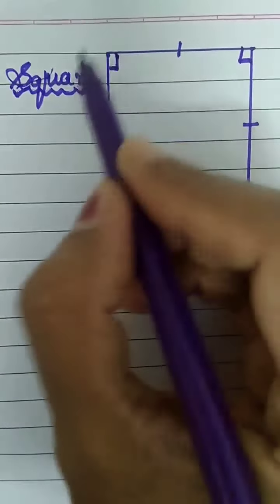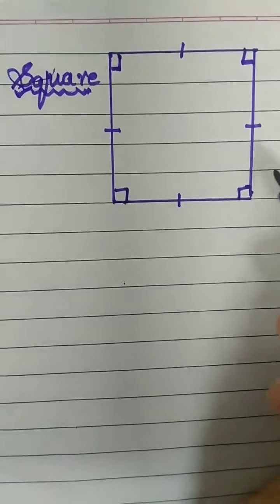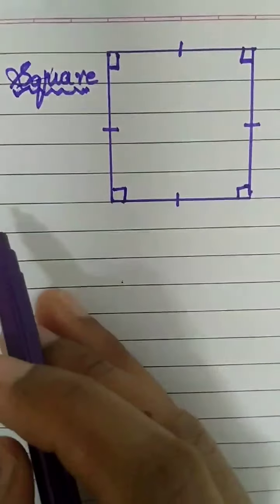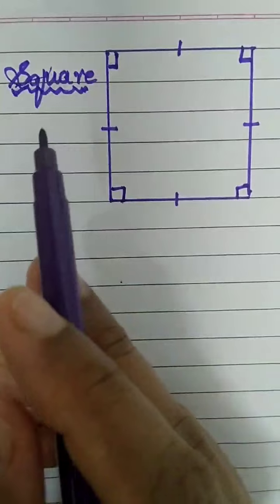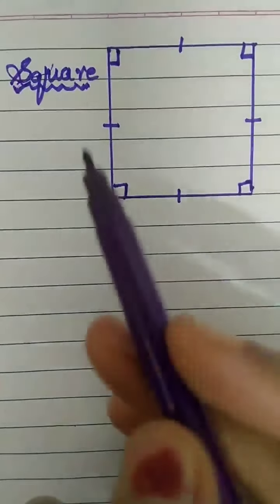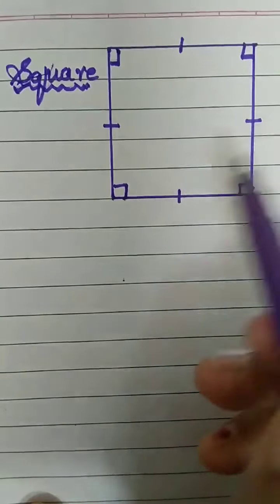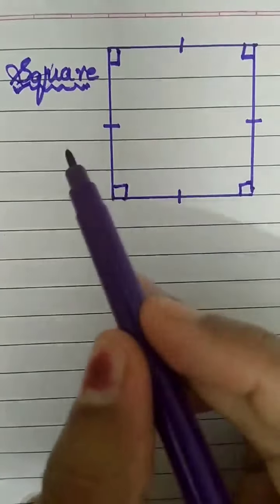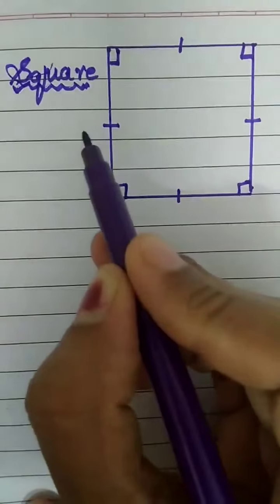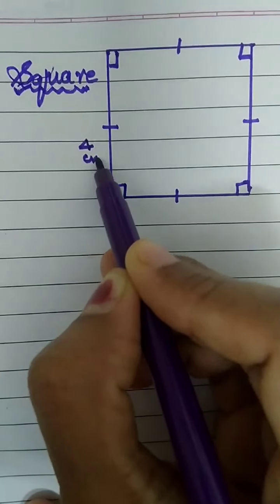If all the angles are 90 degrees, then you can call that quadrilateral a rectangle. But here there is a speciality. What makes it a square? All the angles are 90 degrees and all the sides are equal. I have taken 4 centimeter length for all the sides.